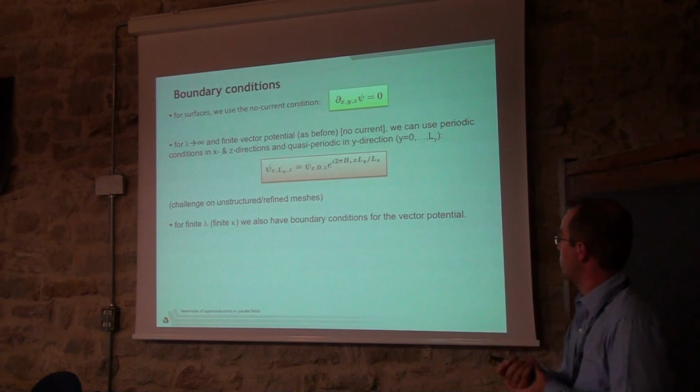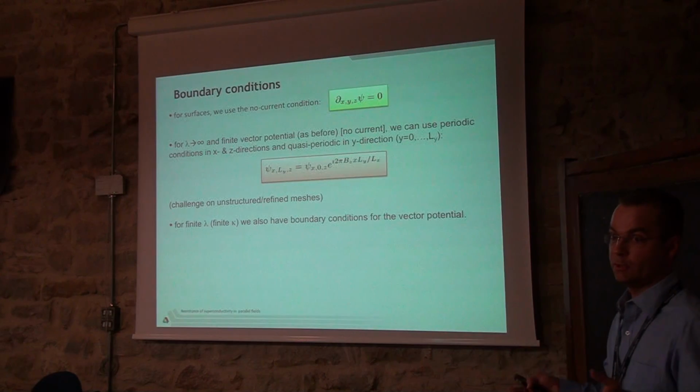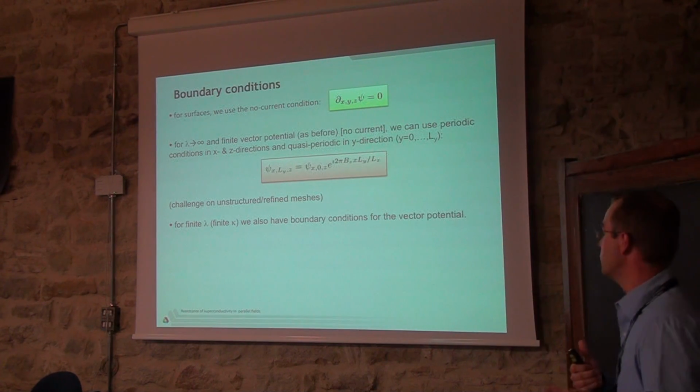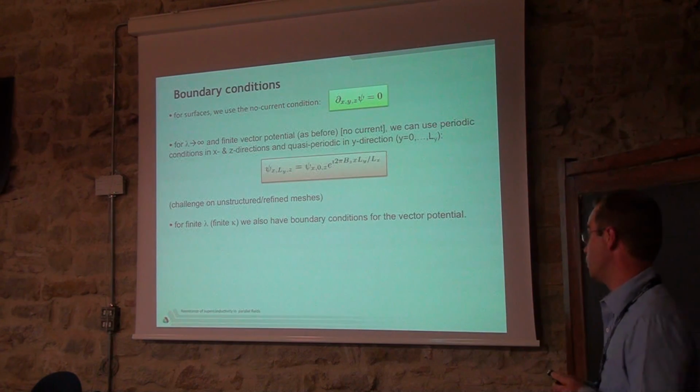Just a word about boundary conditions here. We typically have two situations. One is when you have surfaces where you have no supercurrent perpendicular to the surface, or you have periodic boundaries.